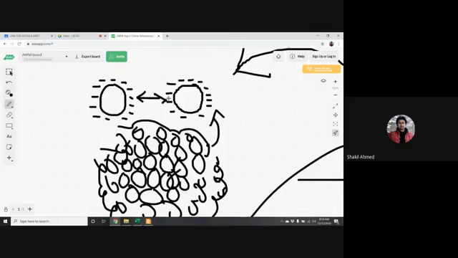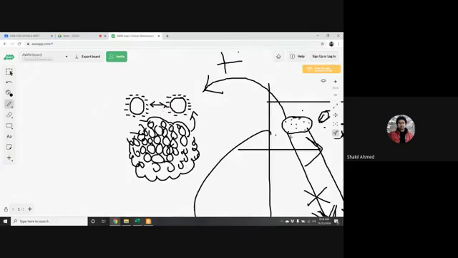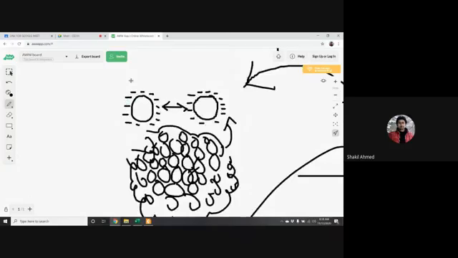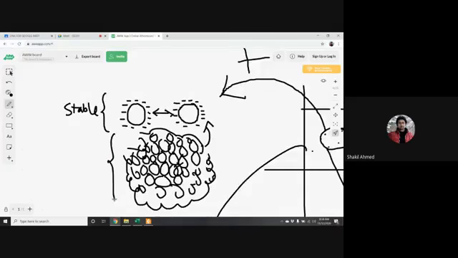They cannot come close to each other. Therefore, they do not settle down. That means they are stable. This is the stable form. And this is the unstable form because this is a larger mass, it will settle down.